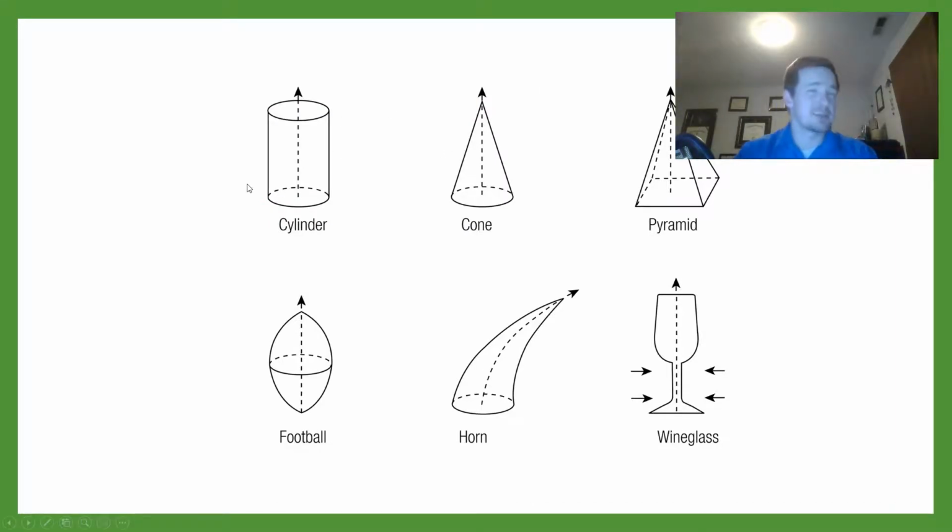Can you break this cylinder down into being something even more simple than a cylinder? Not if you're going to keep it in 3 dimensions, right? You could say that, oh, there's a circle here, but that would have to be flat. We're talking about 3 dimensions. So a cylinder, a cone, a pyramid, football, a horn, you get the idea. There are 36 different geons that have been classified that basically our minds very quickly recognize in these patterns.